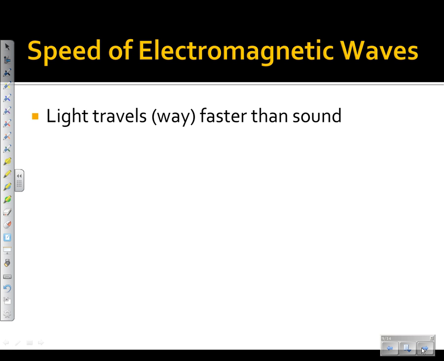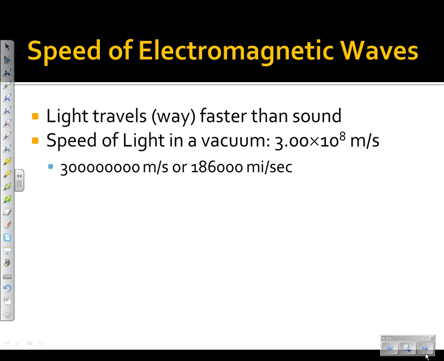How fast? In a vacuum, with no matter in the way, light will travel at 3.00 times 10 to the 8th meters per second, or 3 with 8 zeros after it, meters per second. Or to put it in terms that are more familiar, 186,000 miles per second.